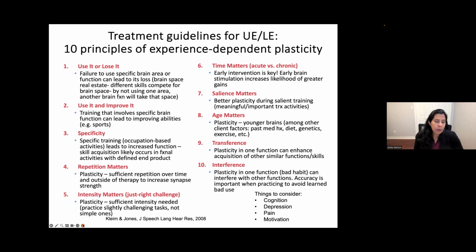Specificity. What's really important here, and occupational therapists can relate to this, is that rather than just rote practice of a certain movement, we really train more occupation-based activities or use a more task-oriented approach.